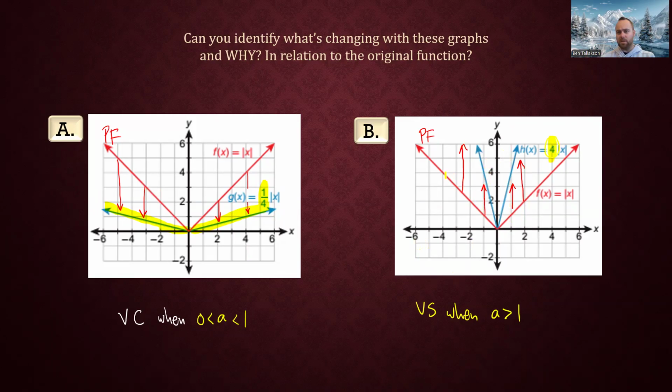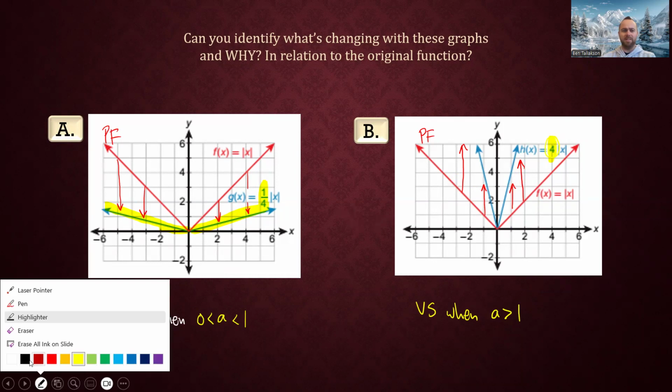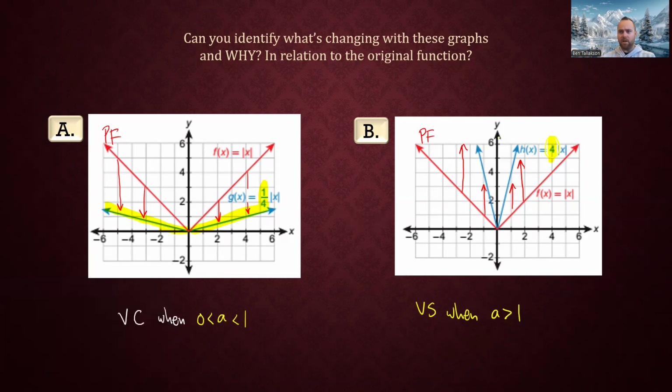Now, if you're thinking, well, I don't know, this kind of looks like this blue line went to the left, it went inward, and you're right. Visually, that looks like it did. But what's actually happening in these functions is we're inputting the same exact x values.